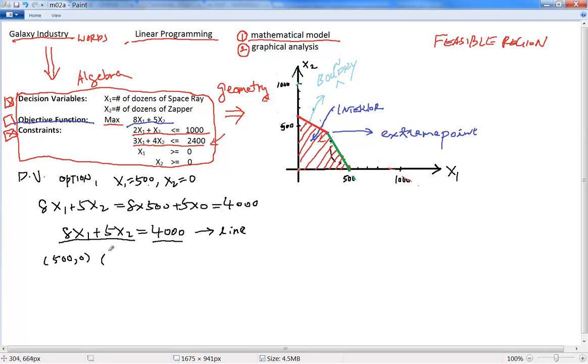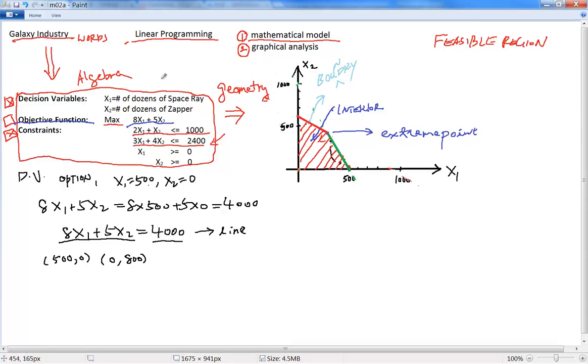Again, for ease of computation, we can always force x1 equal to 0. That gives 0 to this term, and that requires x2 to be equal to 800 in order for the equation to hold. So these two points should define where this line is.